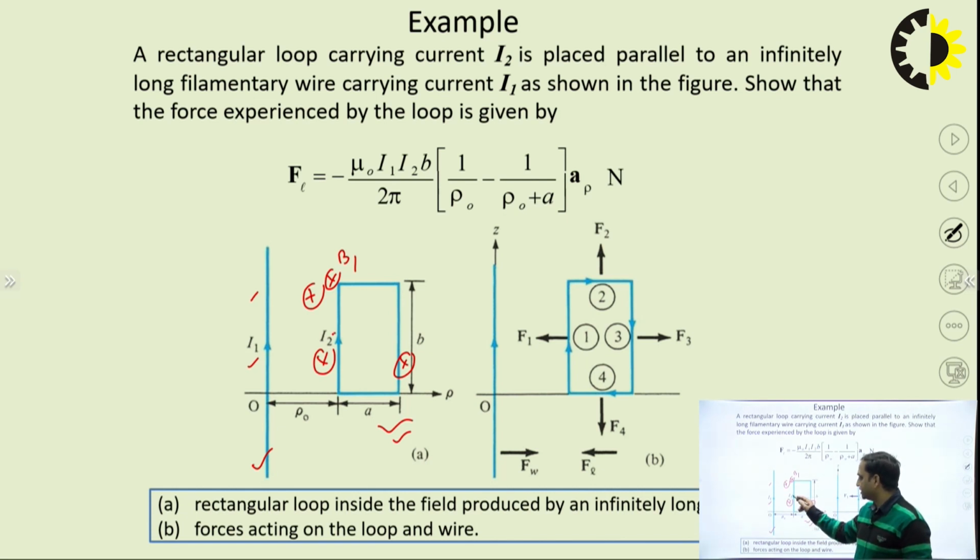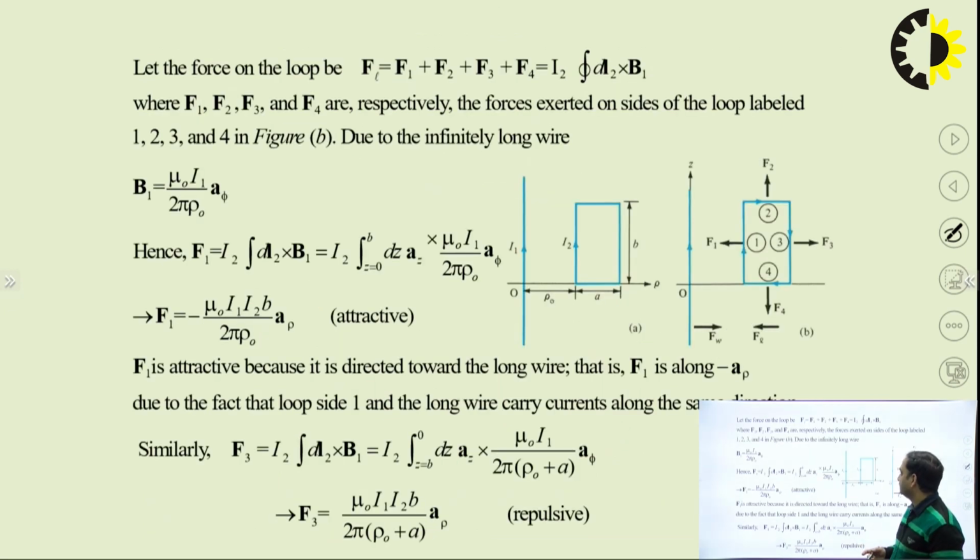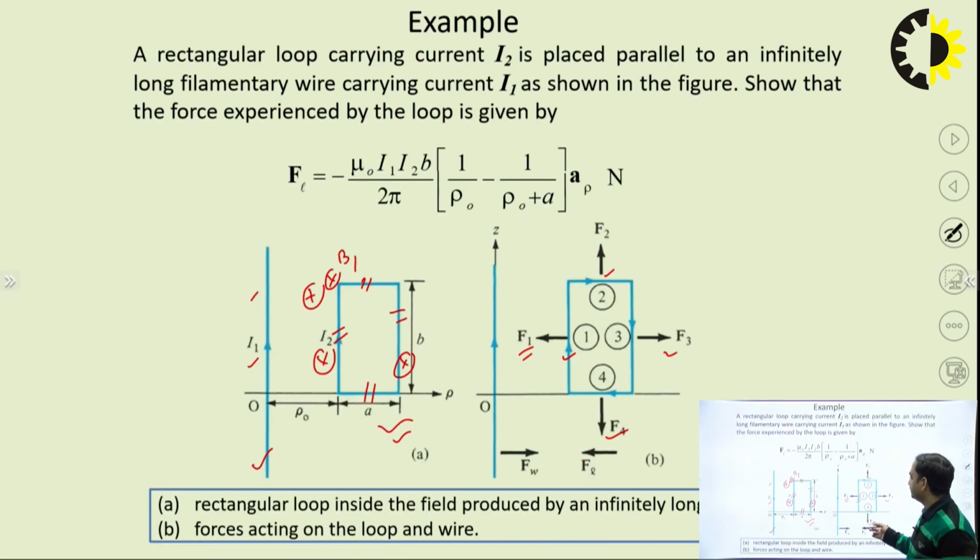So we can take segments for this complete loop. Four forces will be exerted on these segments. We are assuming the direction of F1 onto the loop: segment 1 is in this direction, segment 2 is in this direction, segment 3 is this one, and segment 4 is in this direction. To find the total force onto this loop, we can combine all these forces: F1 plus F2 plus F3 plus F4.